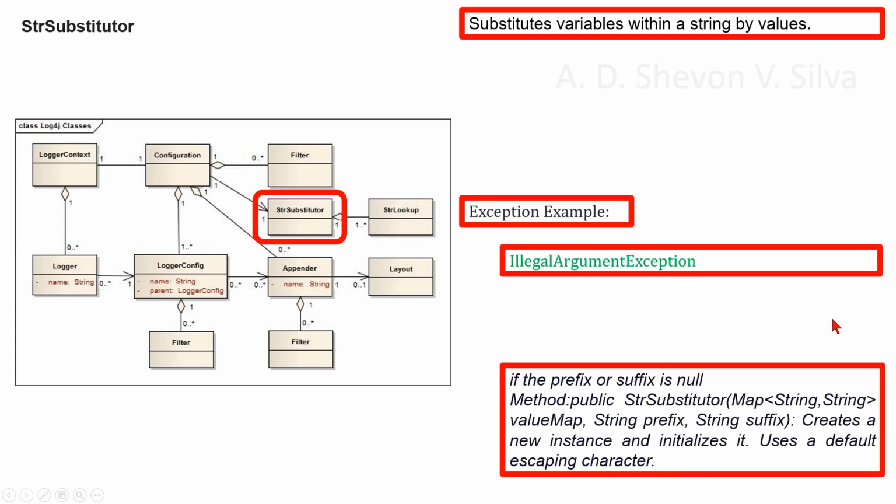As an exception example, we can consider IllegalArgumentException: if the prefix or suffix is null, in the method public StrSubstitutor(Map valueMap, String prefix, String suffix).